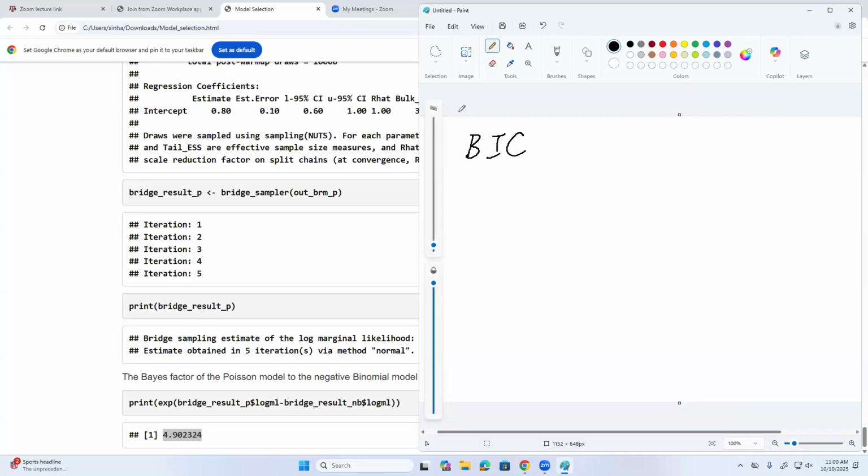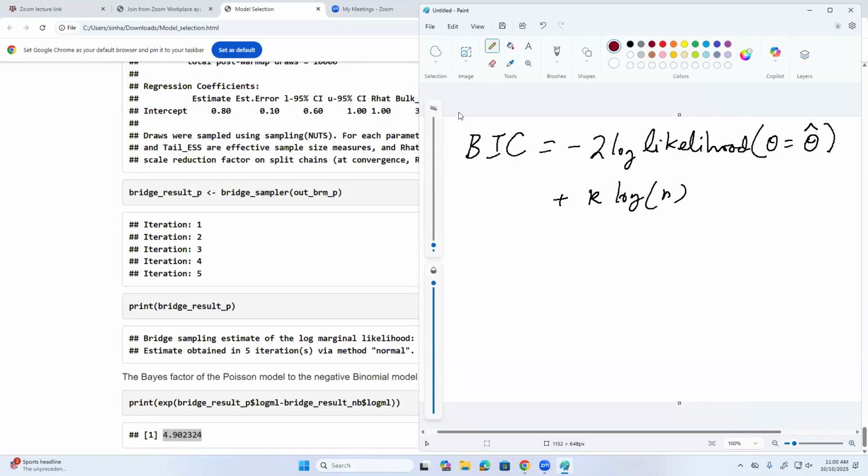And it is equal to minus 2 times log of likelihood when theta, the parameter, is equal to its estimated value, plus k times log n.